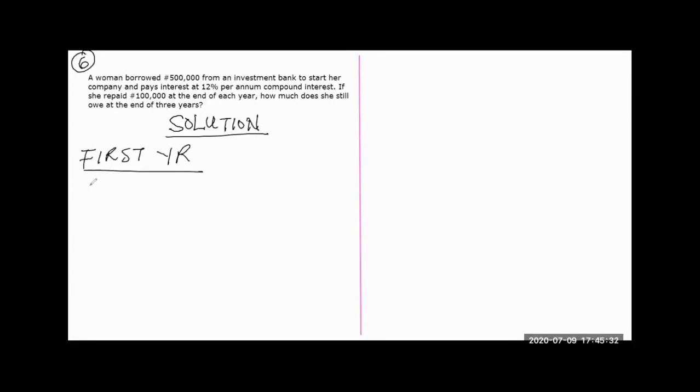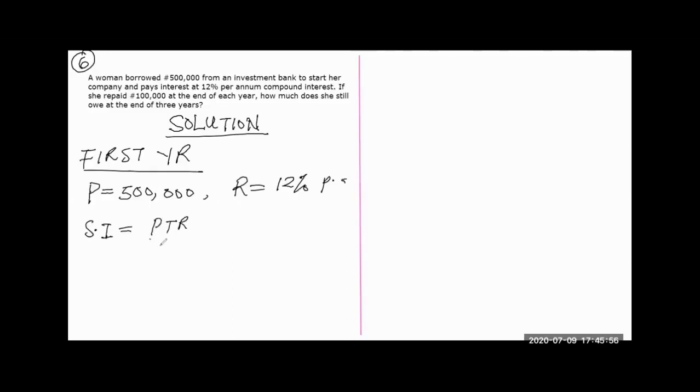So she borrowed 500,000 naira. The principal from the company is 500,000 naira, and the rate is 12%, which is fixed per annum. So, simple interest. Since it's just for 1 year, the time is 1.